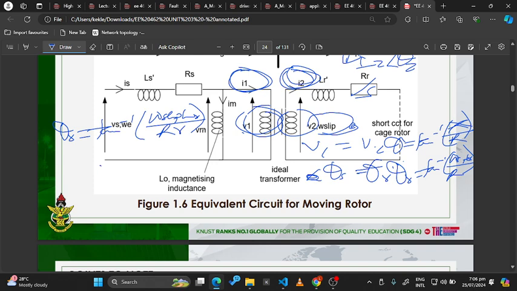The power that goes into the air gap, P_AG, is equal to V1 per phase times I1 times cos of the angle between them.